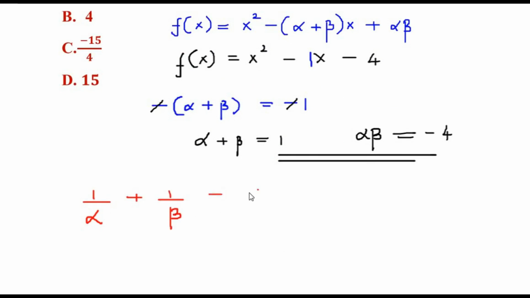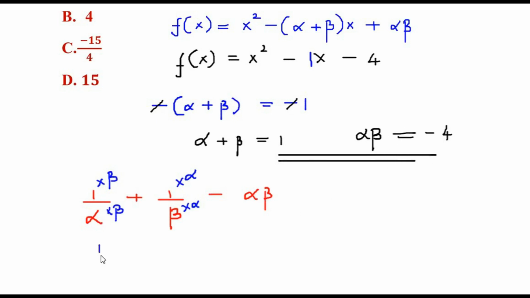minus alpha beta. Now I am going to take the common LCM between this 1 over alpha and 1 over beta. So multiplying this with beta, that is cross multiplication to the numerator and denominator, and similarly multiplying alpha to the numerator and to the denominator. Now I am not going to touch this alpha beta because already it is in the product of zeros form.